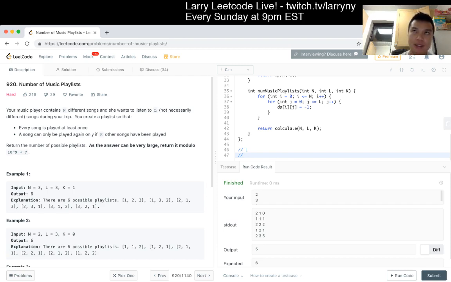Then we could calculate the number of ways we can choose, basically, L choose 1, L choose 2, L choose I, such that each of the numbers are k apart or something.